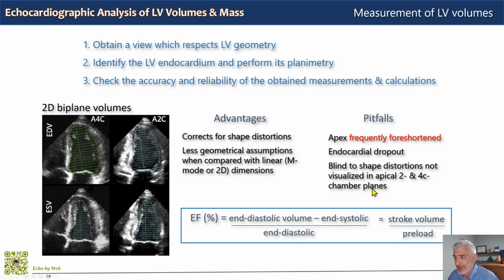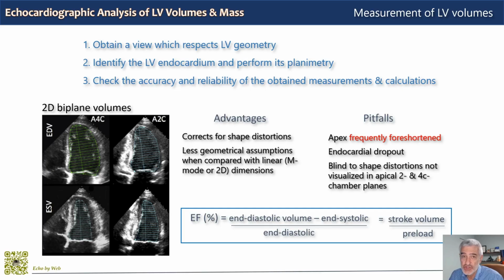So for example, anything that affects what is viewed in the apical 3-chamber, that concerns the anterior septum and posterior wall, is not included in the analysis. So if a patient has an aneurysm with dyskinesis of the posterior wall, then your ejection fraction will overestimate the real ejection fraction because it doesn't see the aneurysm.